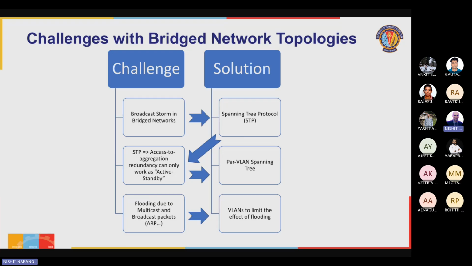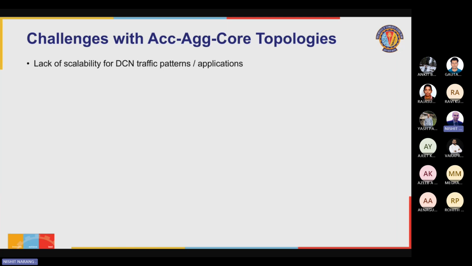And this is what most traditional DCNs do. Now, with these kinds of solutions, the spanning tree protocol and the VLAN, traditional data center network topologies were able to survive and cater to the client-server traffic.